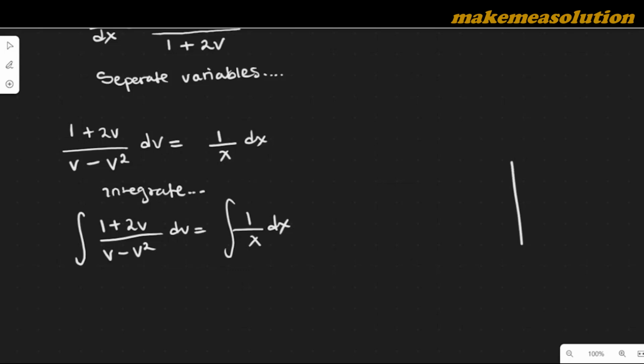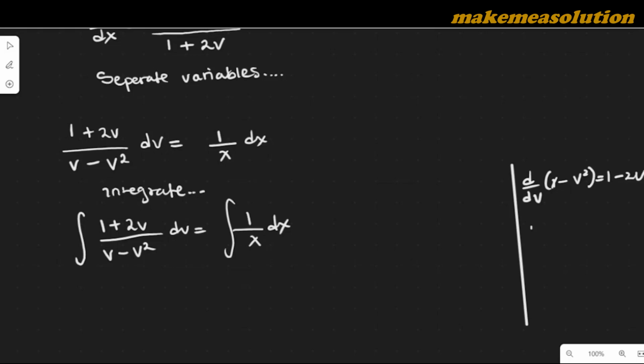So let's test our left hand side as usual to see if it satisfies some certain criteria. Now, when you differentiate with respect to v, that's v minus v squared, you're going to get 1 minus 2v.